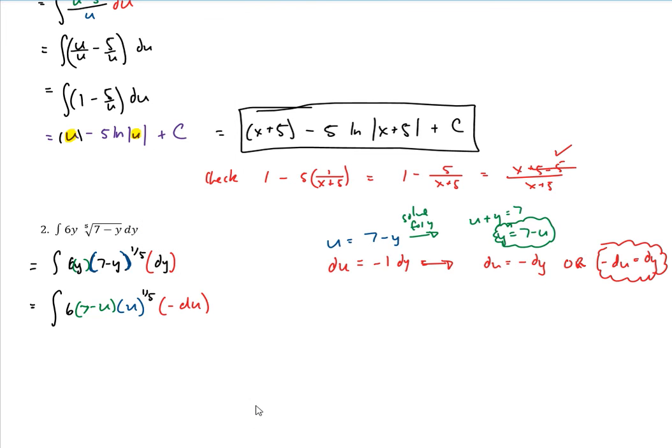Like that. Okay, and then at this point, I'm going to simplify our constants. So the negative and the 6 that I just highlighted, I'm going to rewrite so it's -6 and then the integral symbol. And then let's go ahead and just keep it in black ink. The 7 minus u and the u to the 1/5 and then du all still written.